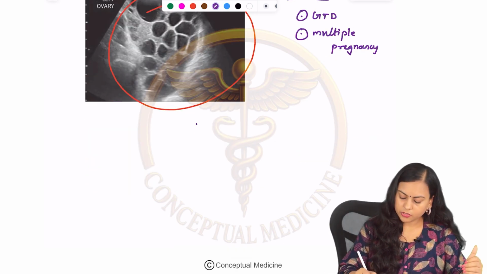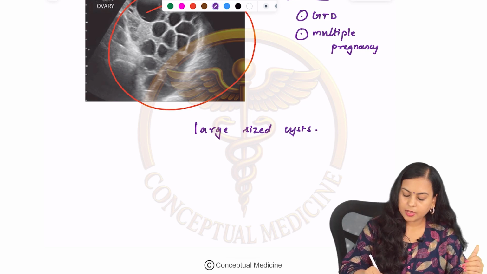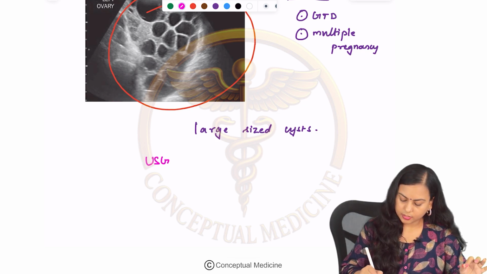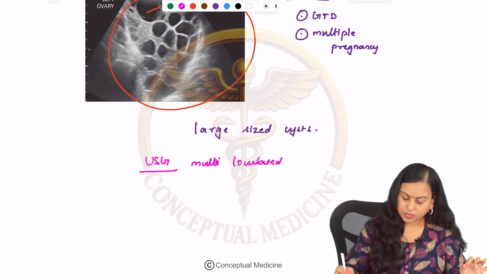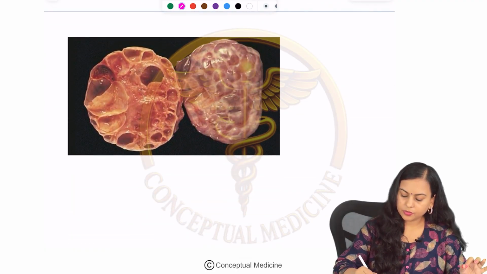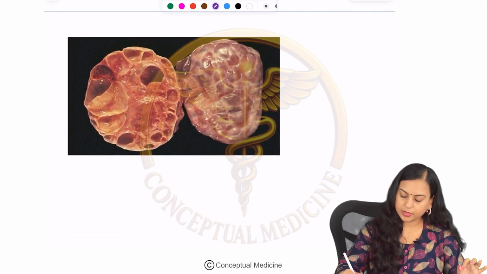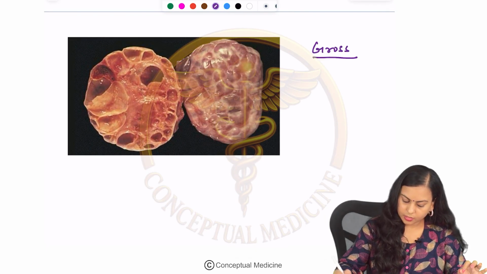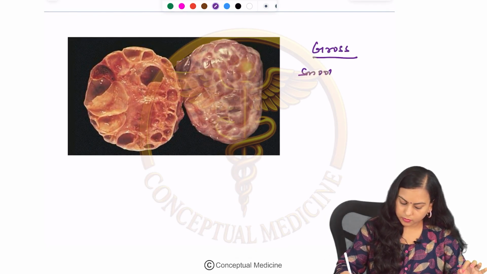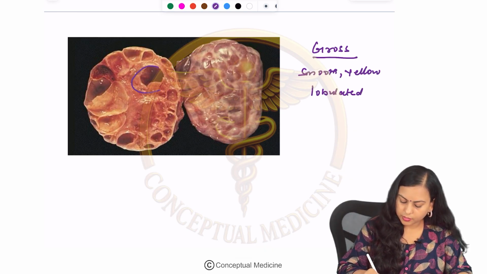So these are large sized cysts. In USG, you will be able to see multi-loculated cyst, and in gross appearance, okay, so this is a gross appearance where you are able to see smooth, yellow and lobulated cyst, and most of them are with thin walls.